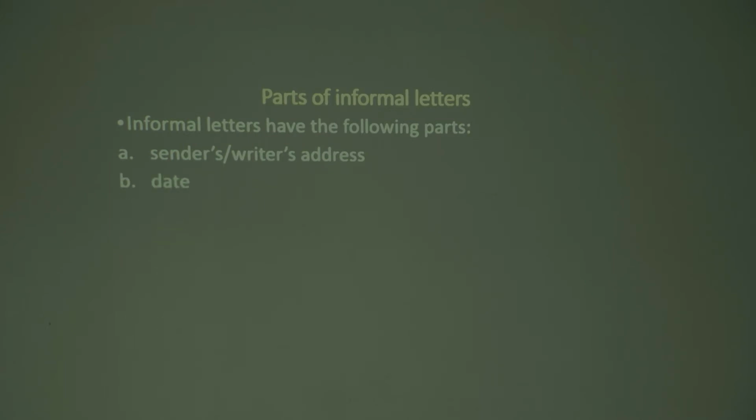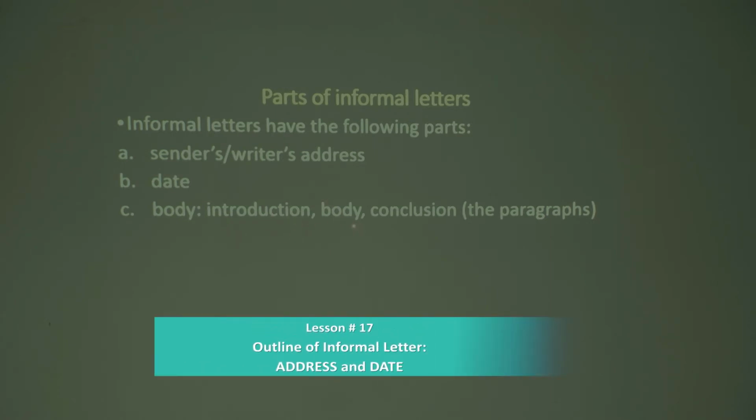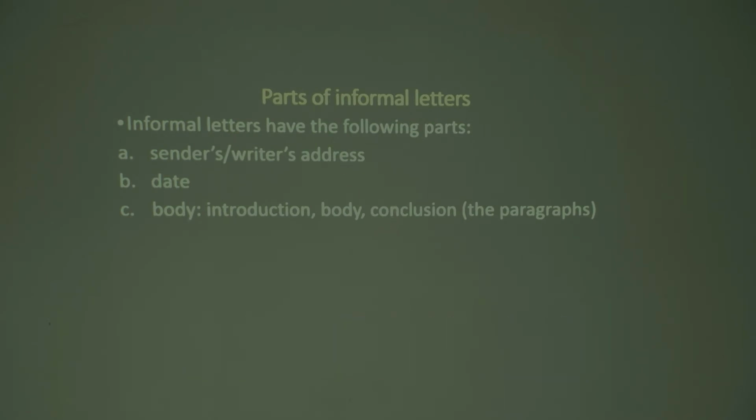Then date. The date follows. And then your body. The body has three parts. You have the introduction, you have the body part itself, the main body, then you have the conclusion part. The three come together to give us the what? The body. And then we have the subscription, which you've also mentioned. Good.